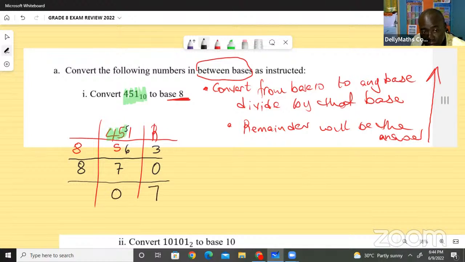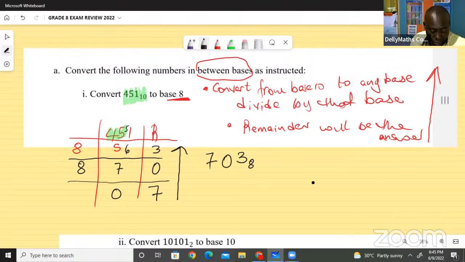So you write back the 7 here, and you read your answer going up. So the answer is 703 in base 8. So you move from base 10 to base 8. Let's check that out.